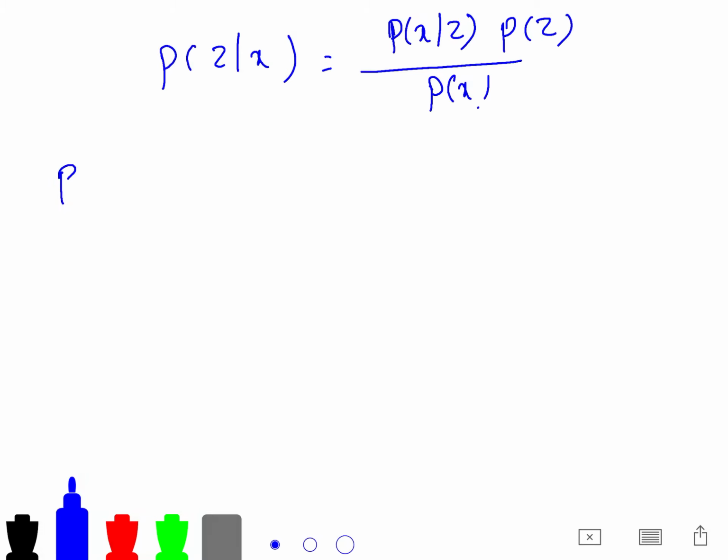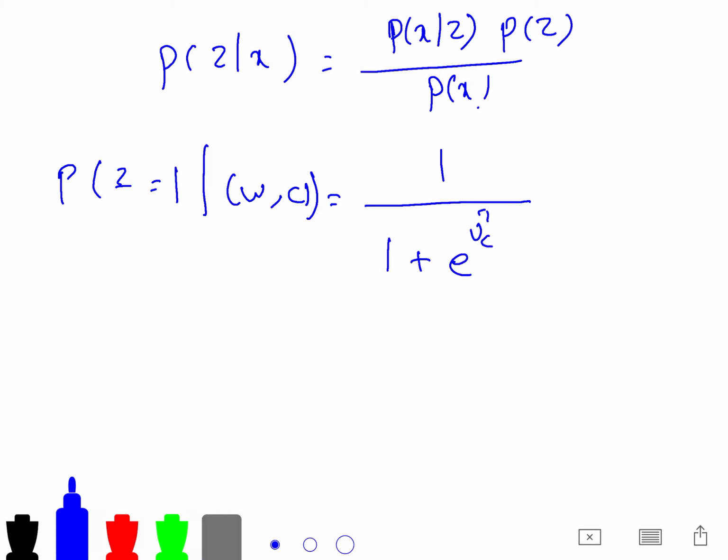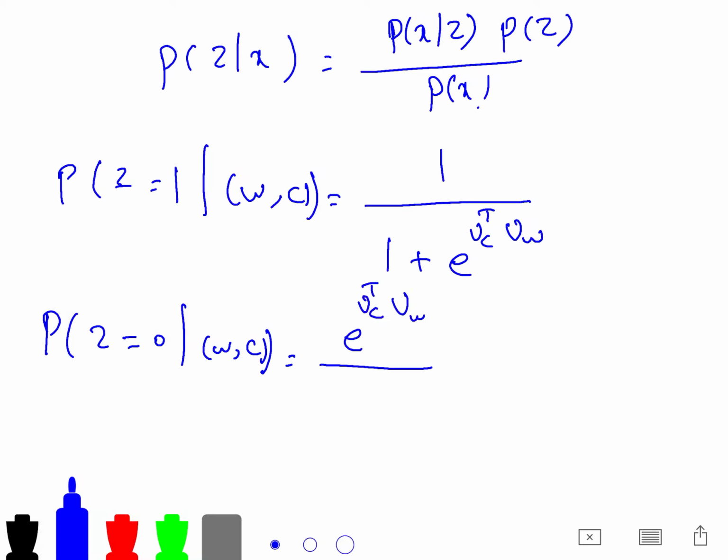So the probability of Z equal to 1 given word and context is equal to 1 over 1 plus e to the VC transpose V omega. And the probability of Z equal to 0 given W and C is equal to e to the VC transpose V omega over 1 plus e to the VC transpose V omega.